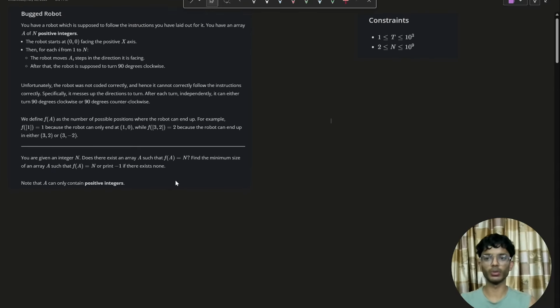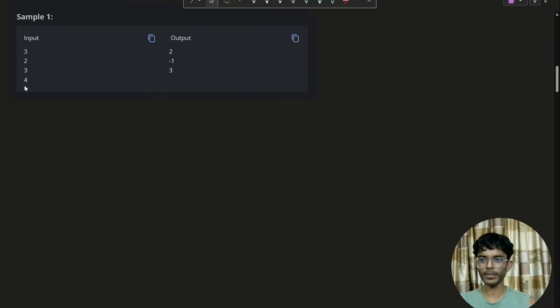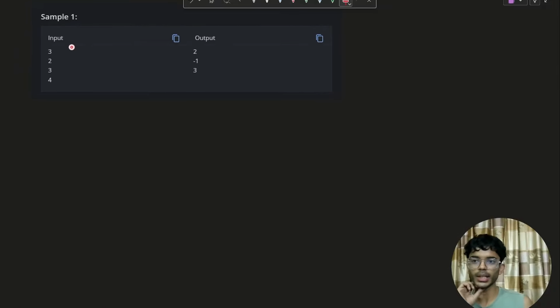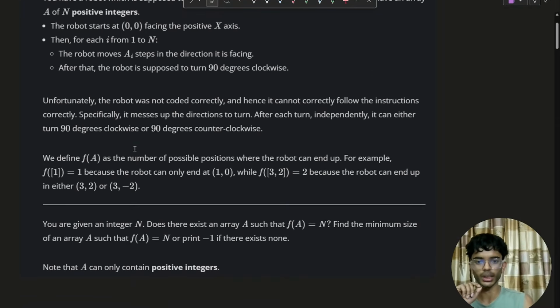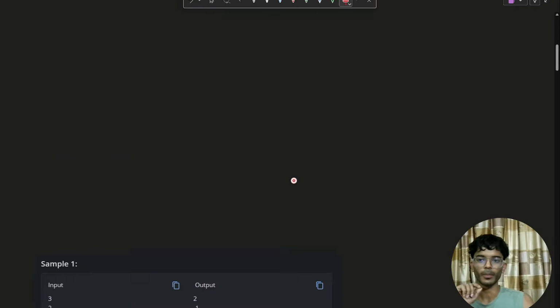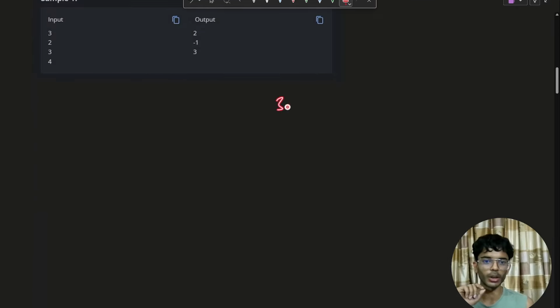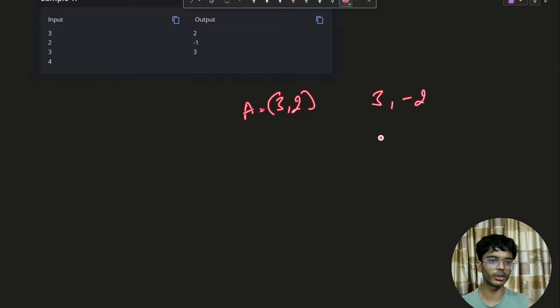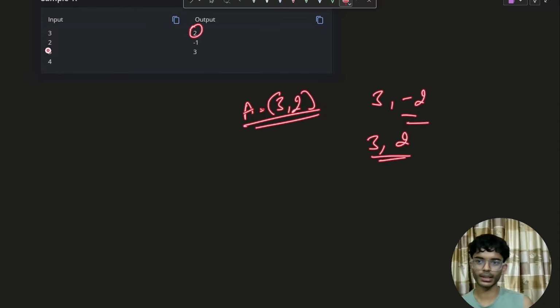So yeah, now let's move to the sample input. In the first sample input, we are given n equal to 2. For n equal to 2, we can just take the same array given to us over here, which is (3, 2). So we can take (3, 2) as our array A, and the robot can end up at position (3, -2) and at (3, 2). So the minimum possible length of the array A would be 2 in this case.